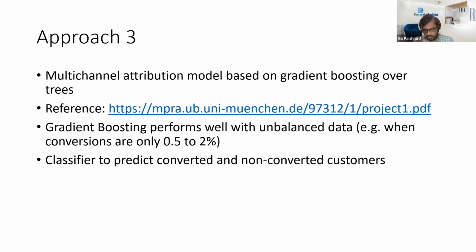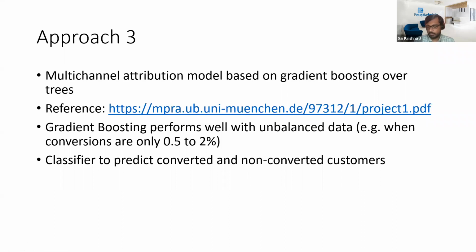In fact, most of the Kaggle competitions today, if you look at the winning entries, they would have probably used this particular technique that you see over here. One advantage of gradient boosting techniques is that it performs well with unbalanced data. For example, when the conversions are only, let's say, half percent to 2%, the data set is heavily unbalanced, right?